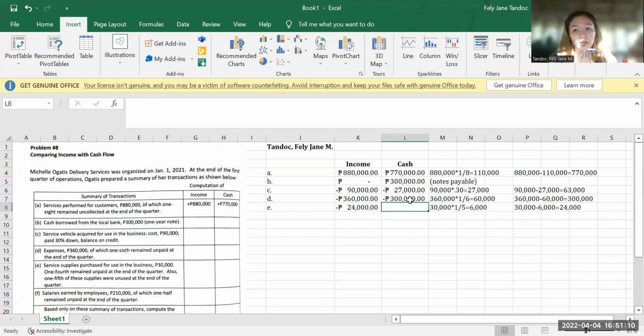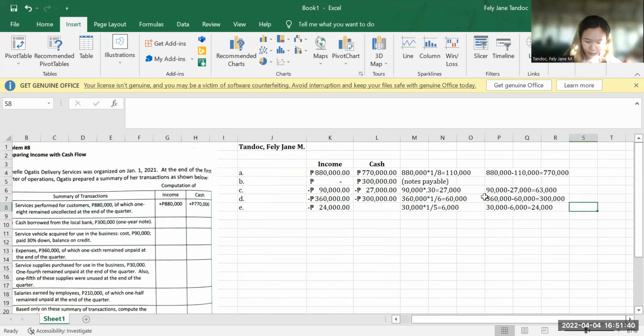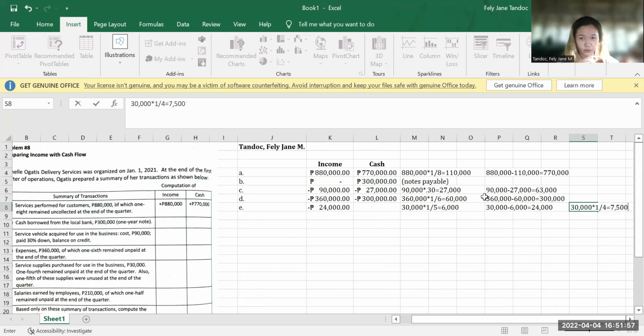And then for the cash entry, 1/4 remain unpaid at the end of the quarter. So 30,000 times 1/4 is equal to 7,500.